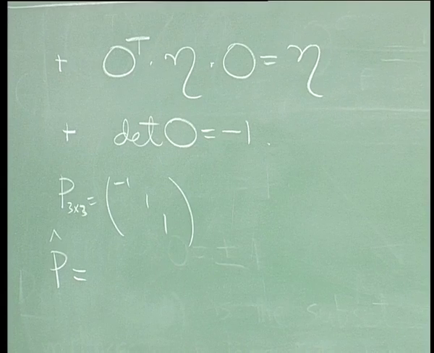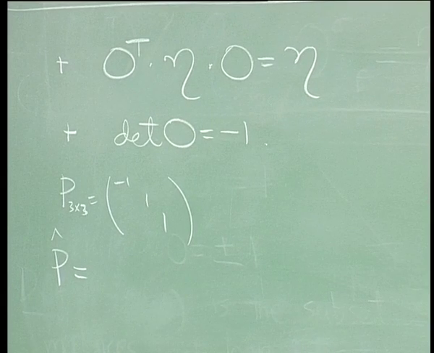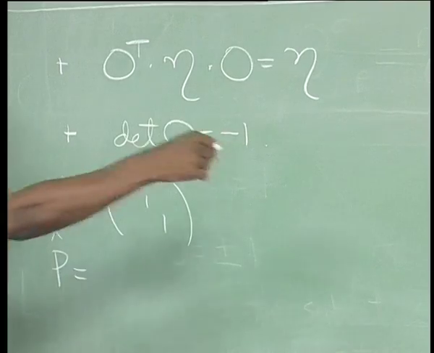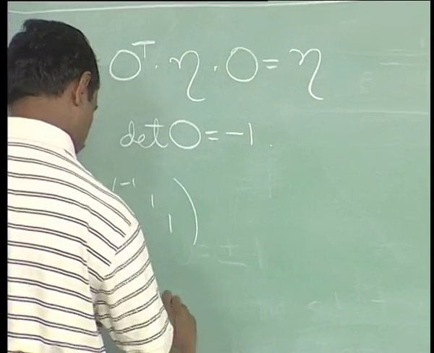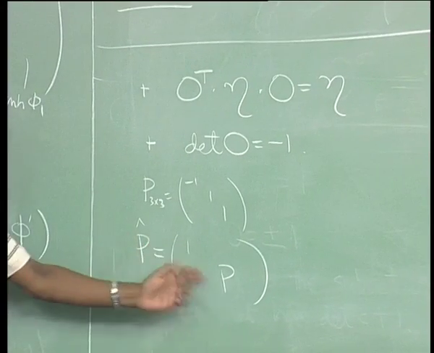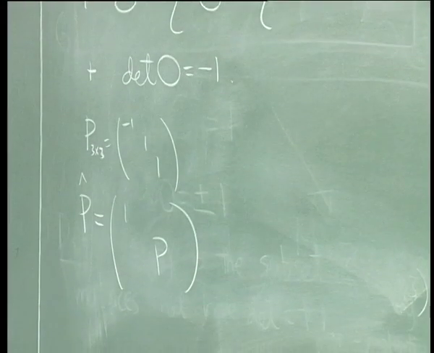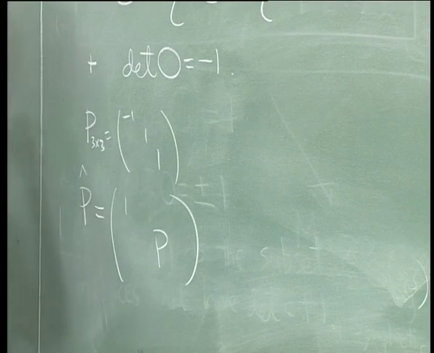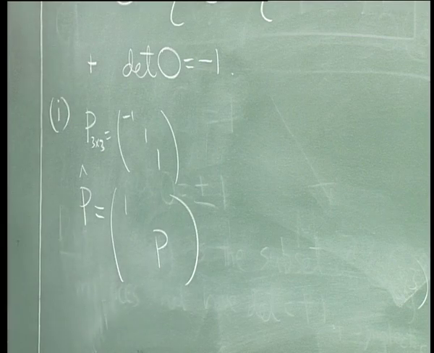Under parity, what happens to time? Nothing. And obviously, the determinant of this is -1. So, this is the first example.